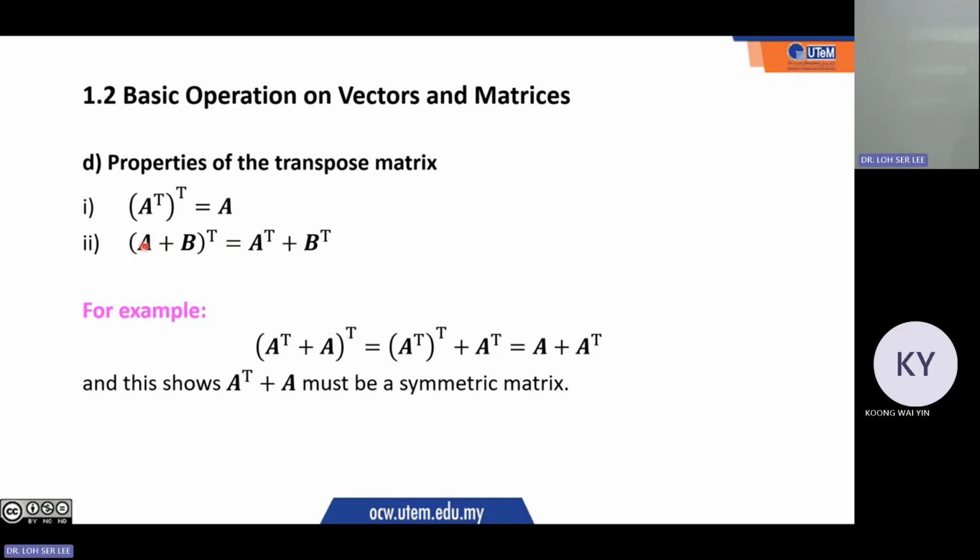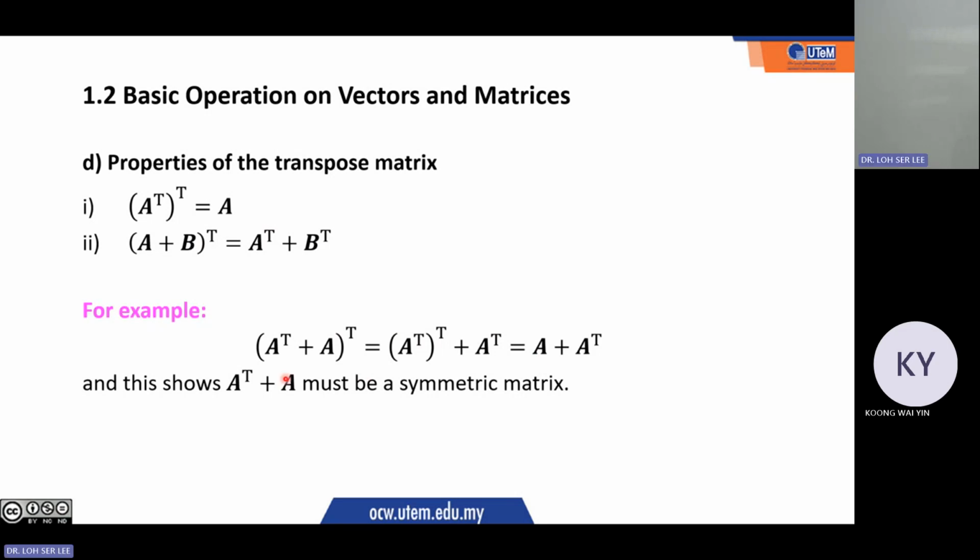We can apply this property: the first matrix plus the second matrix, then transpose. We get the first matrix transpose plus the second matrix transpose. Then this A transpose, when you transpose once again, you get back A.